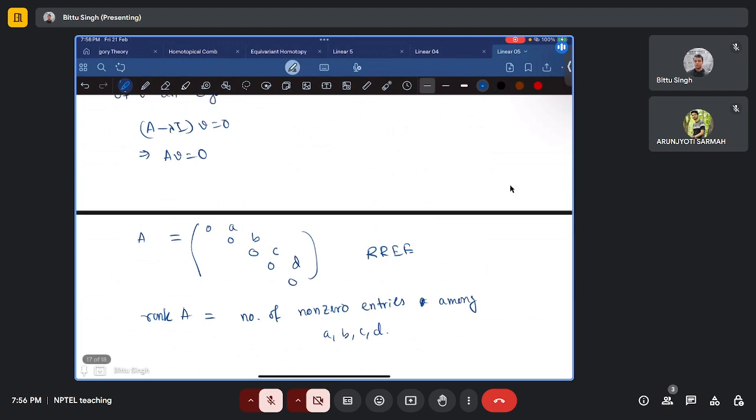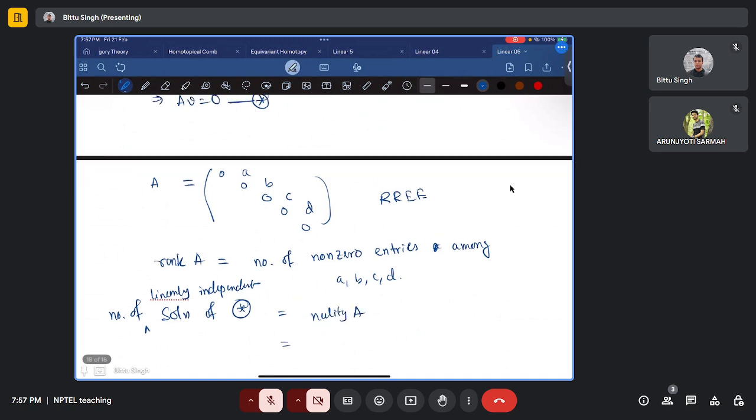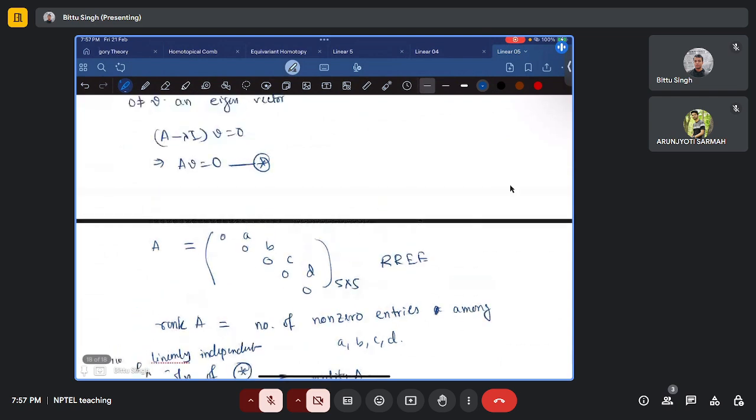Therefore the number of linearly independent solutions of this system is the same as the nullity of A. That is, since it is 5 by 5, 5 minus rank of A. But we must have 5 linearly independent solutions.